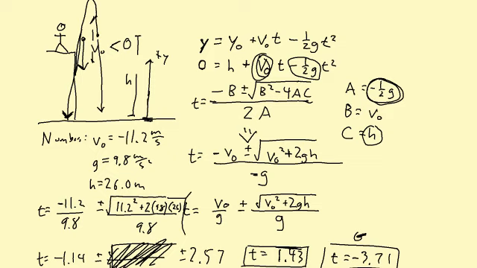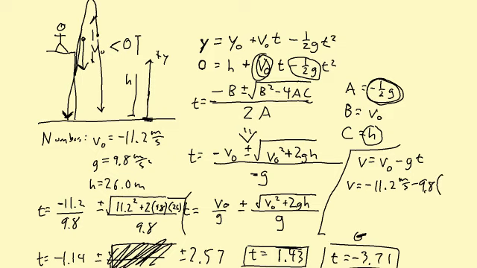Then to find the speed of the stone at impact, that's fairly simple, and I can do it up here. V equals v naught minus gt. This is just our ballistic, or free fall, velocity equation. Our v naught here was minus 11.2 meters per second, minus 9.8, that was our acceleration, times the time, which was 1.43, just found that.